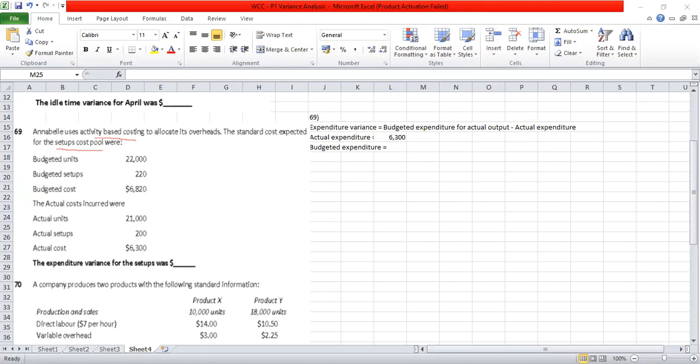We have done one question like this at the beginning of this class about the expenditure variance. So we have adjusted the expenditure according to the output. So here also we would have done that if it was a simple question, but this is ABC and their method of absorbing the overheads is by way of setups. So just instead of number of units, replace it with the setups. That's it.